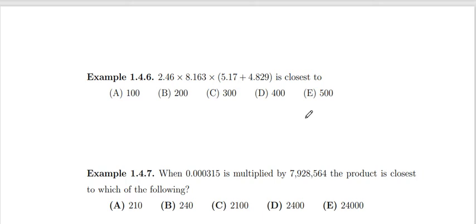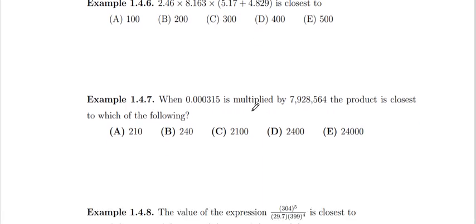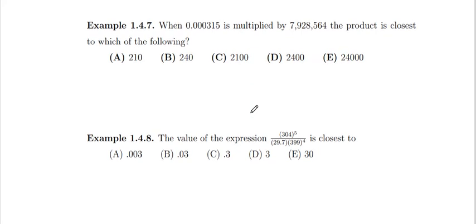And this is close to which one? It's the same way. We just discussed this problem before. When this is multiplied by this, we just forget this one, and it is like 0.0000.